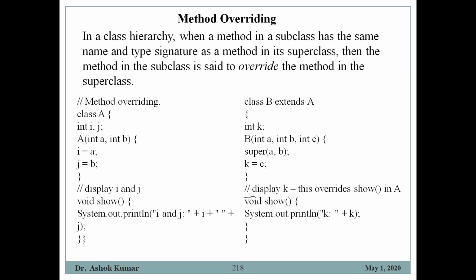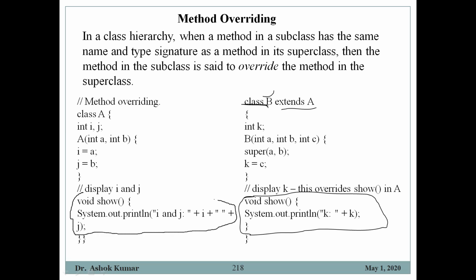In this example, we have one method show, right? This method belongs to the class B, and this class is extending class A. So this is the superclass, and this class is also having the show method.